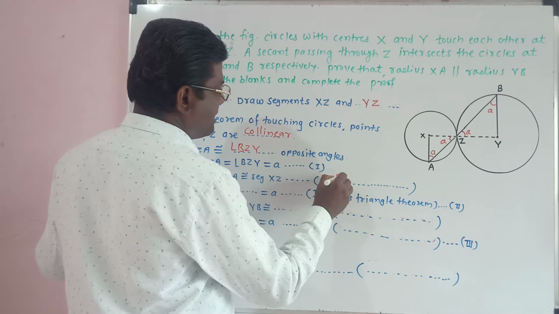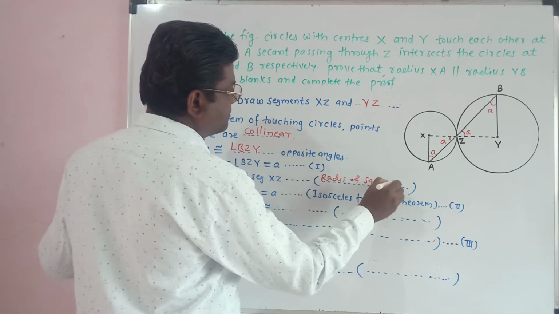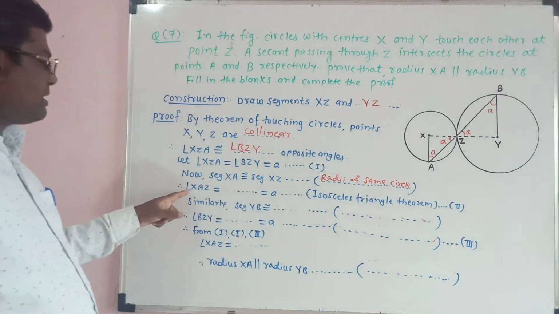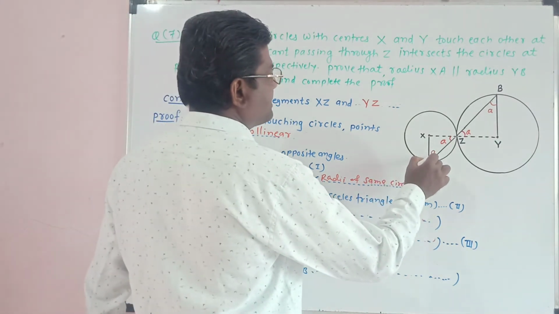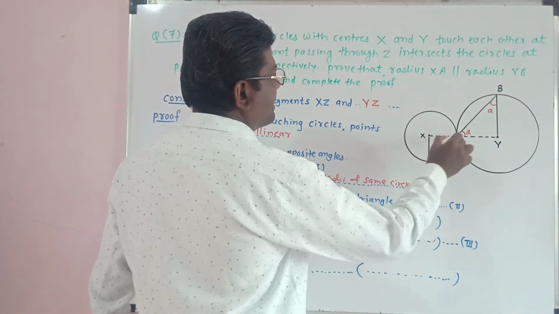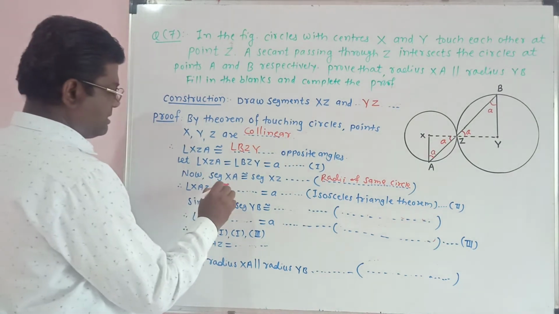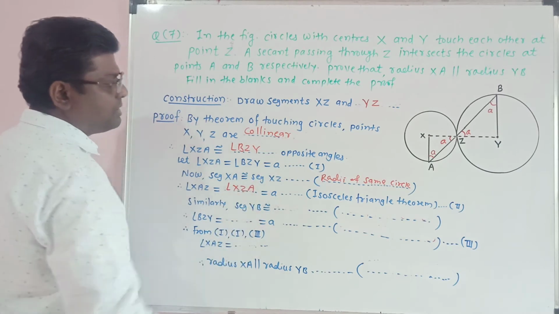Reason is radii of same circle. Therefore angle XAZ is equal to angle XZA. Angle XZA is equal to A.